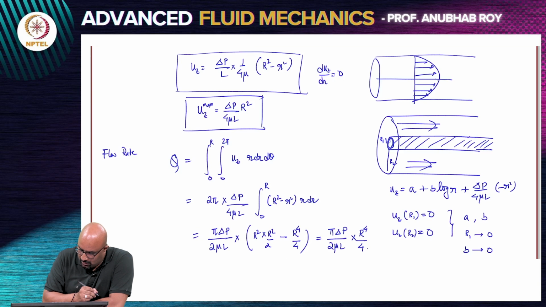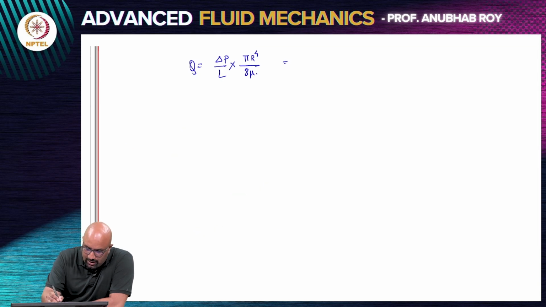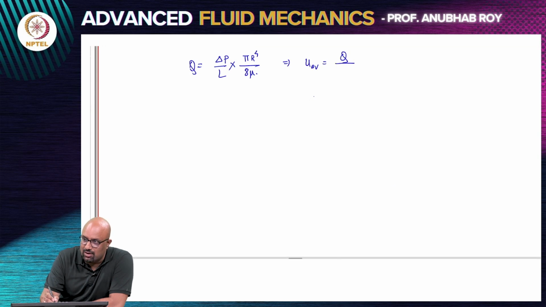Okay. So, you have now your flow rate. Now, if you try to find what is your average velocity, your average velocity is the flow rate divided by the cross sectional area, that is pi R square, and you get del p R square by 8 mu L.